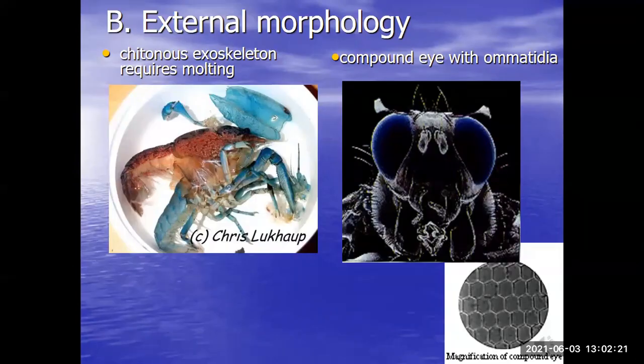Internal morphology. All right, these guys have an open circulatory system, which is not as good as we've seen earlier. Open circulatory system. The blood bathes the tissues, but it works for these guys. So why change it? They also have a respiratory system. Instead of having lungs, they have spiracles, which are holes.